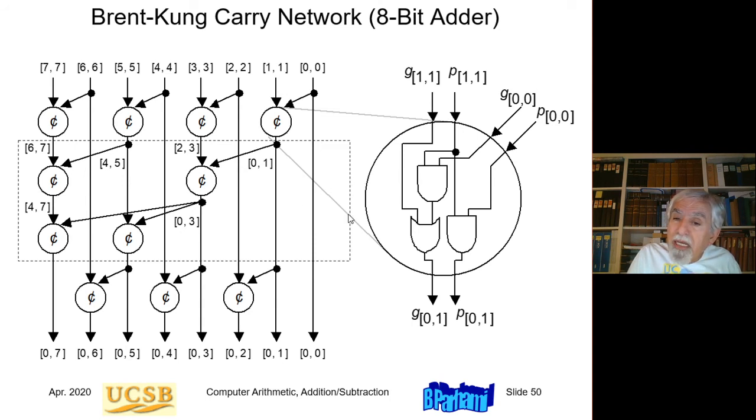So you notice that it's a recursive construction. Inside this dashed box, you see a 4-input Brent-Kung network. And these are the adders we saw at the top. And these are the adders we saw in the previous diagram at the bottom. Each of the adders is replaced by a carry operator.